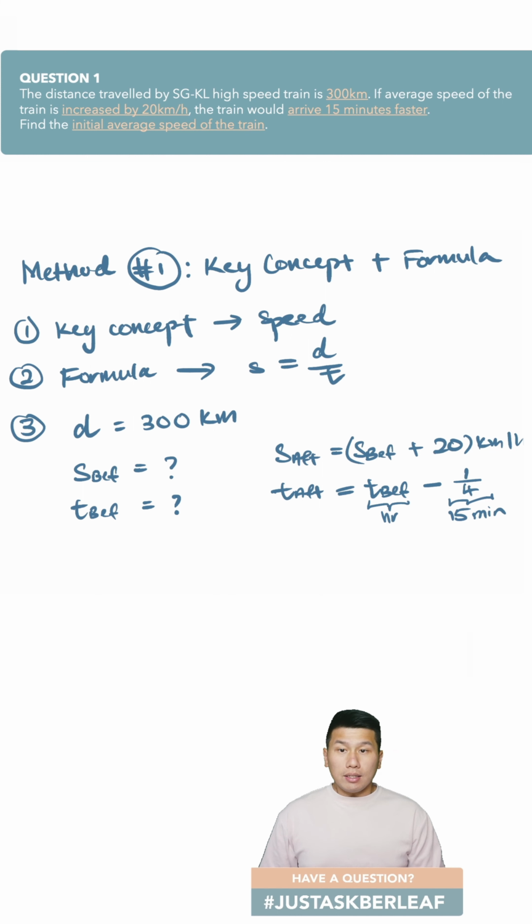And since we are looking for the initial speed of the train, we can erase this and use an unknown, and denote it with X. With that, we would have to use any of the other components as the connecting factor. I would choose to go with the time after, so that's where we are going to be using this equation.